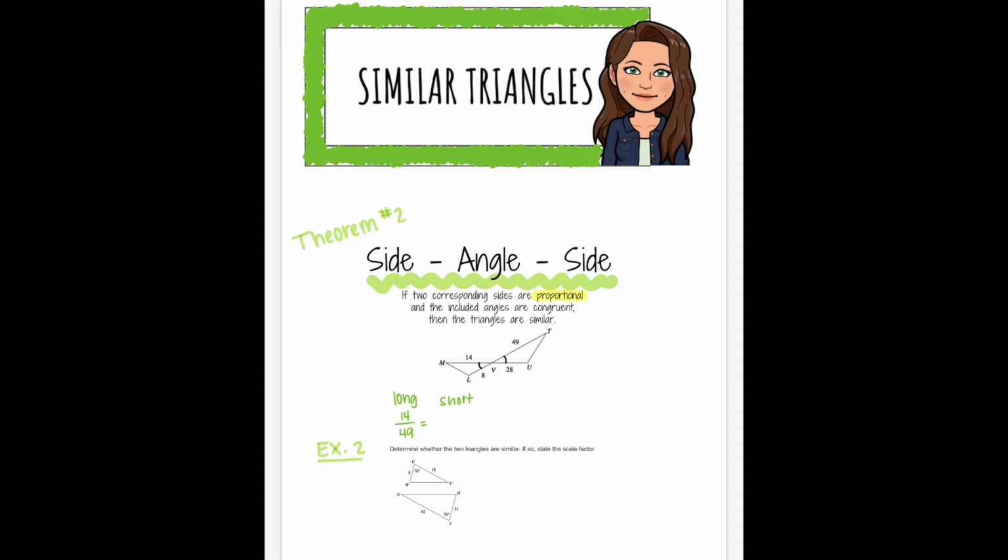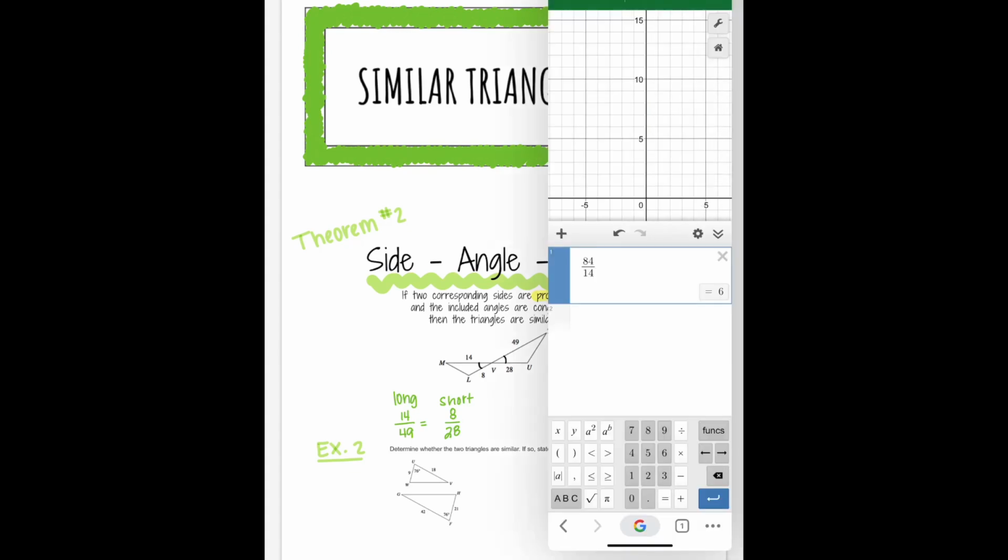The long side for the triangle on the right is 49. And we want to know if that's equal to the proportion of the shorter sides. So the shorter side of the triangle on the left is 8, and the shorter side on the triangle on the right is 28. So we just need to know, are these proportional?